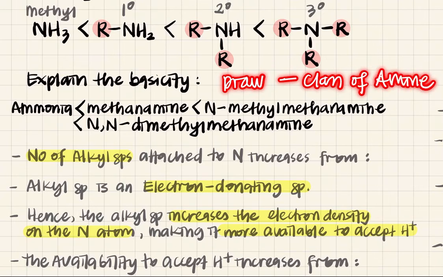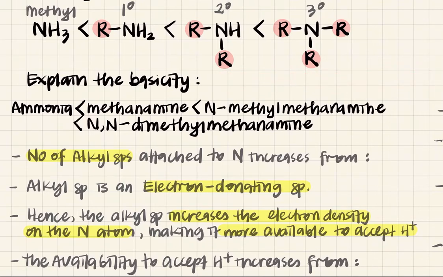Once you draw that, dah tahu class of amine, then you can say how many alkyl groups ada. So number of alkyl groups attached to nitrogen increases from this to this to this. Siapa yang paling banyak?